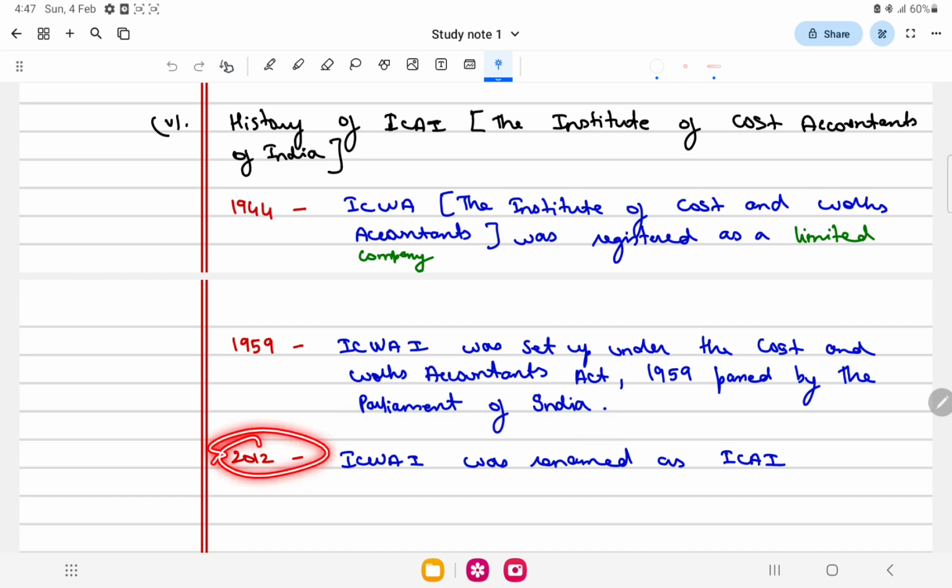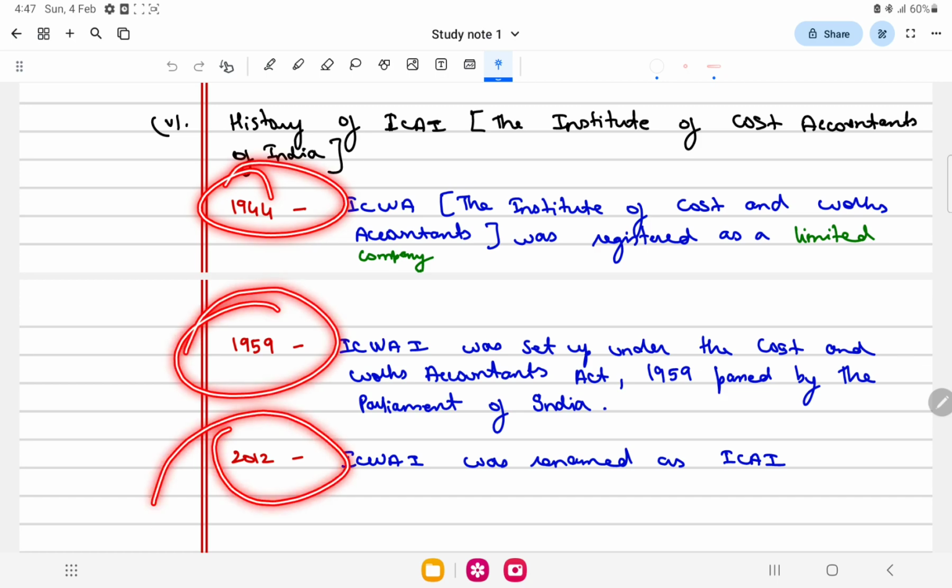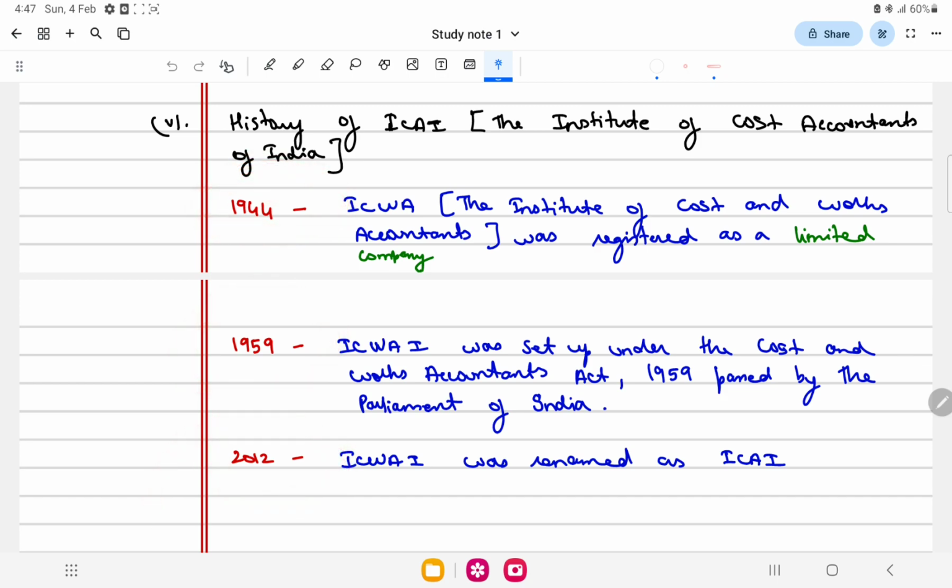Later in 2012, the ICWAI name got changed to ICAI, which is Institute of Cost Accountants of India. So this was the history of ICAI, 1944, 59 and 2012 to be remembered.